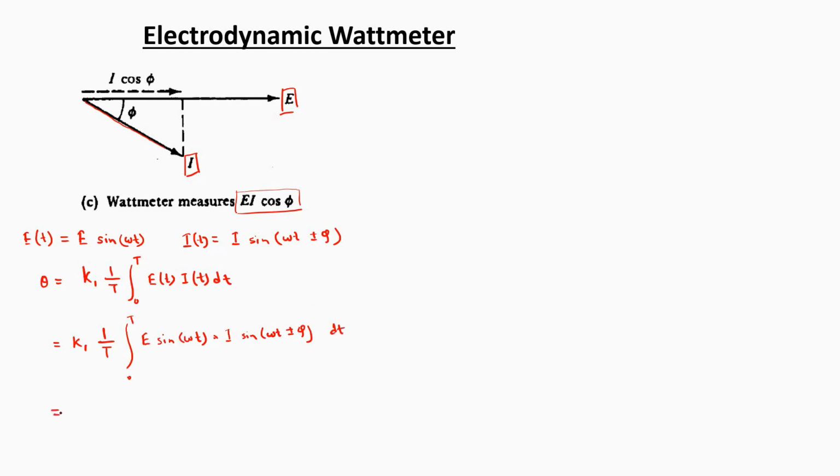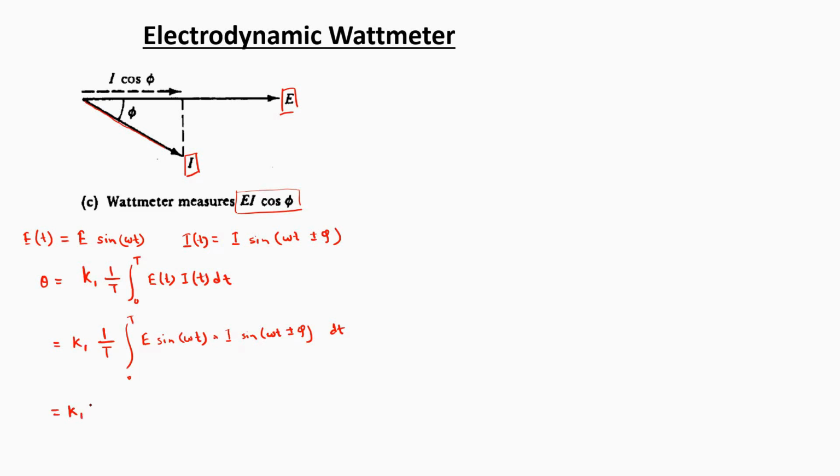Now here we can use the general trigonometric rules. First of all, we can factor out E and I. We can consider that the peak values are going to be fixed for a particular signal, so we can factor them out.